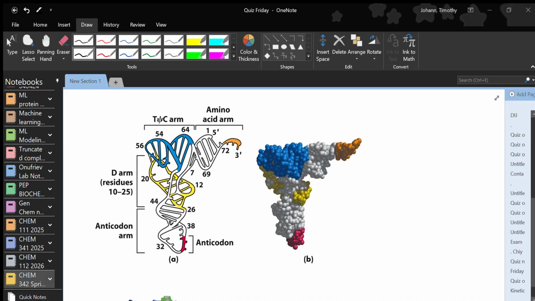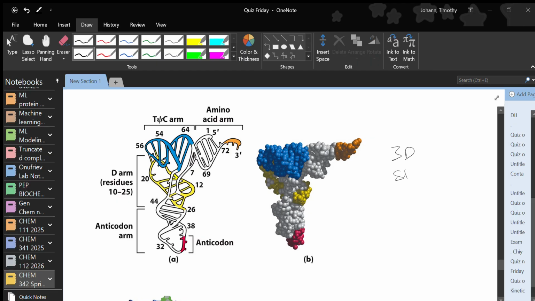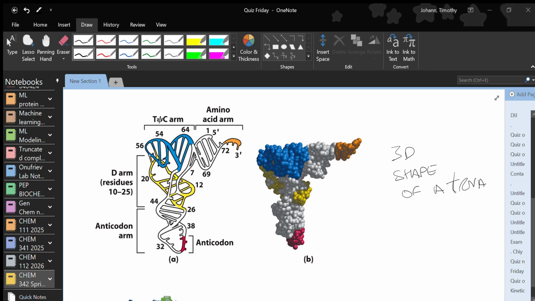So this is the 3D shape of a tRNA, where you've got the anticodon down here, and then this is where your amino acid would be attached up here, and then you've got some more things going on. Okay. And these other pieces are going to be involved in the recognition. Some enzyme is going to attach a specific amino acid here, and it's actually going to recognize pieces in here based on functional groups and slight differences in shape to get the right amino acid on.